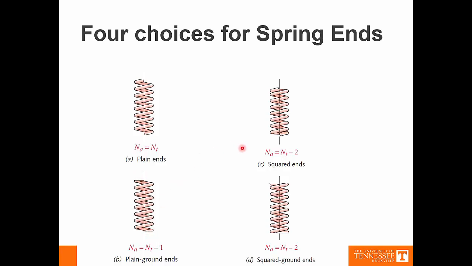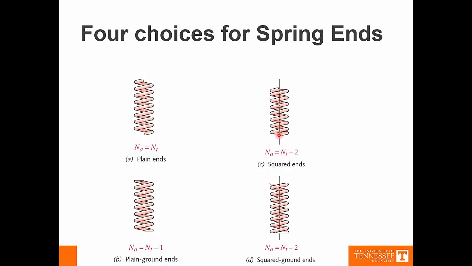Okay, another way of doing that, instead of grinding it, would be to actually compress the first and last ends. So what we're doing is we're bringing this end down so it's actually touching the coil next to it. And by doing that, it actually costs us 2 total coils. So our total coils minus 2 is what our active coils are.